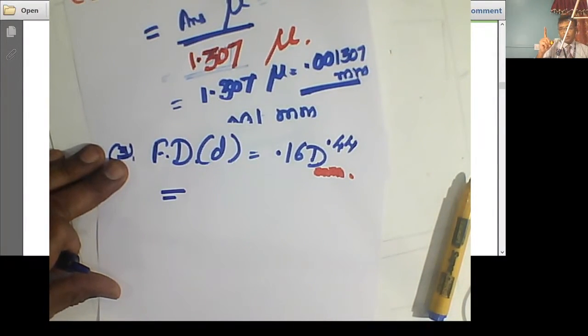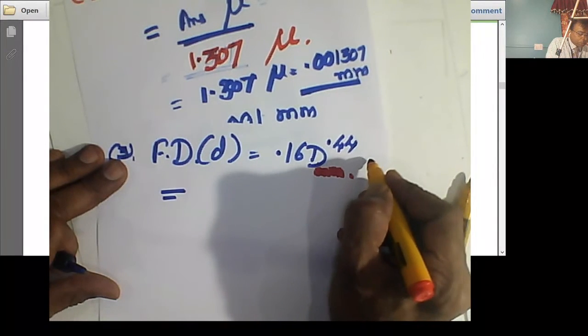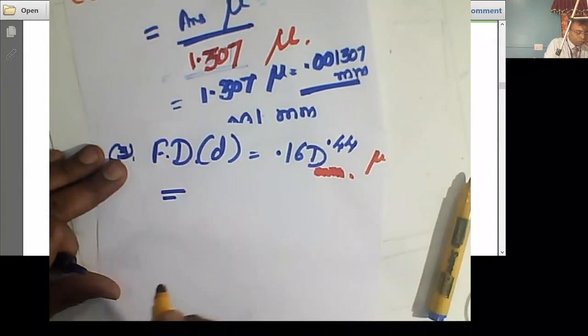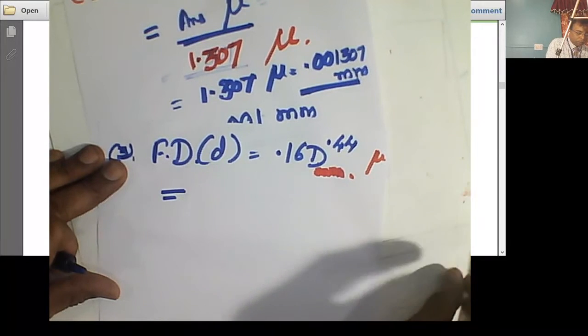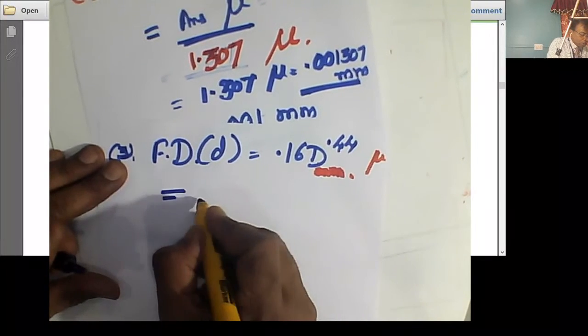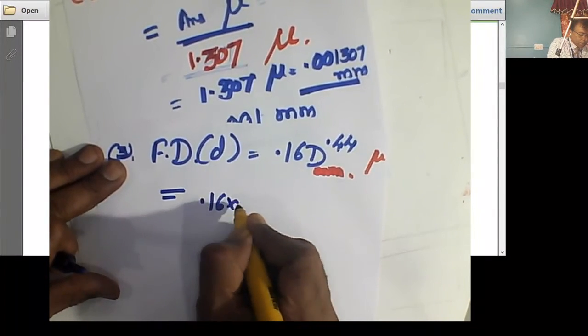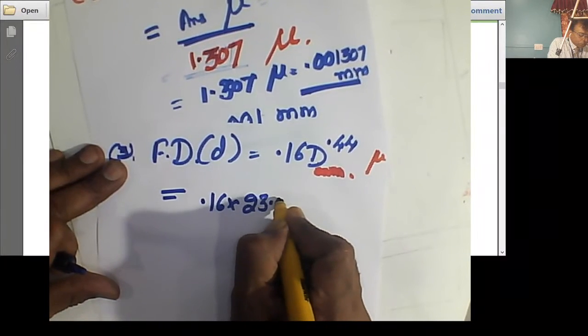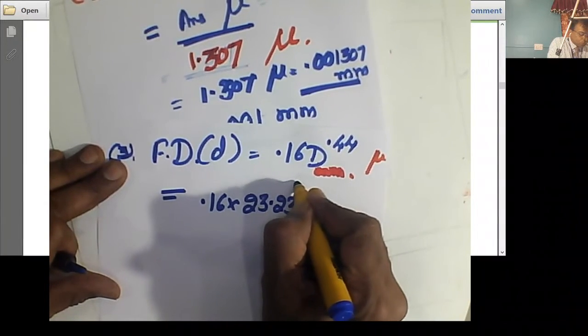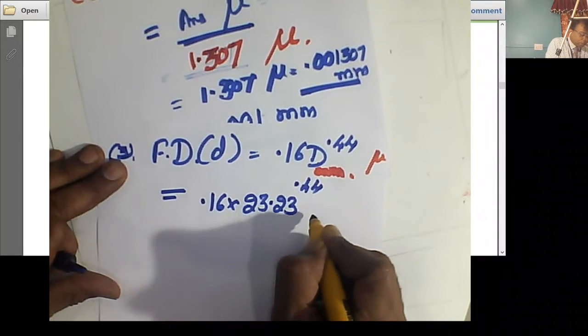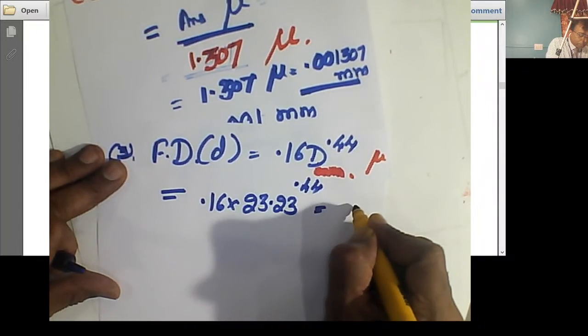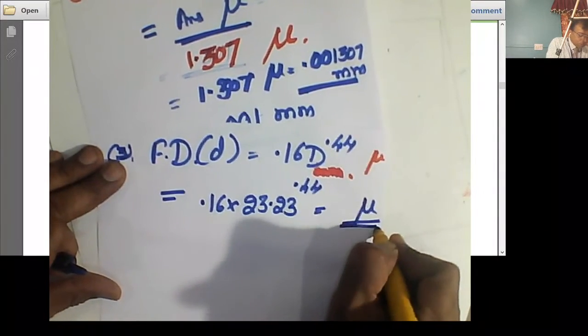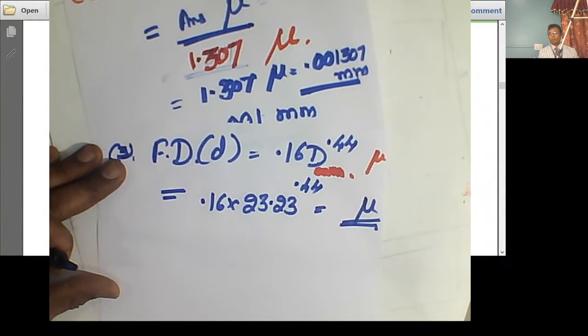The value of D is given in mm and the answer you get here is in terms of microns. I will write it for you: 0.16 into 23.23 raised to 0.44. Whatever answer you get is in microns.